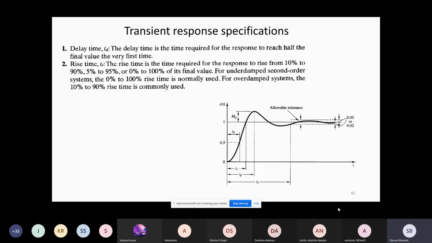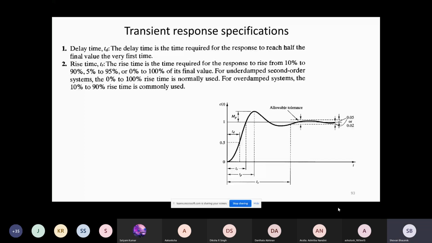Here in the plot, we define the rise time TR as the time to reach from 0 to the first final value. You see that 1 is reached several times because it is oscillating. First it reaches 1 from 0, and that we define as TR. Also, we often define TR as the rise from 10% to 90%, or 5% to 95%. Here we have taken TR as the rise from 0% to 100% of its final value.